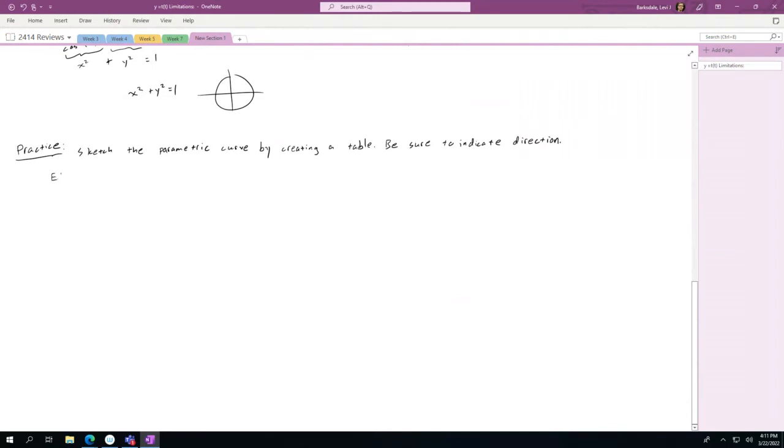Finally, eliminate the parameter t to find a Cartesian or rectangular form equation for the function or for the curve.